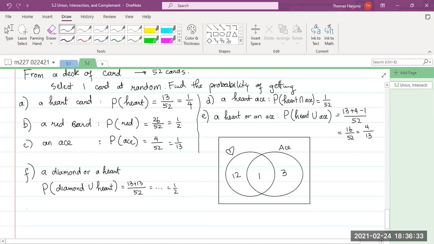Now, the last one is either very easy for you or very hard for you. What is the probability of getting a diamond and a heart?